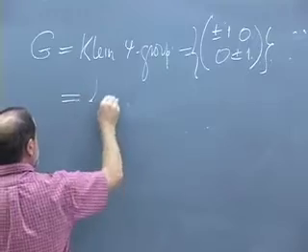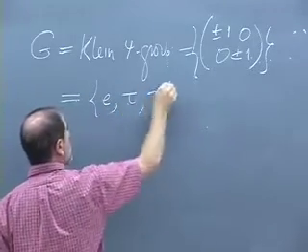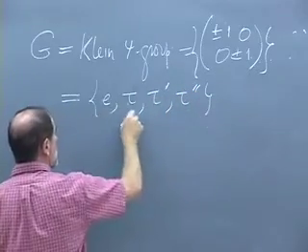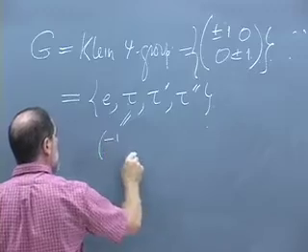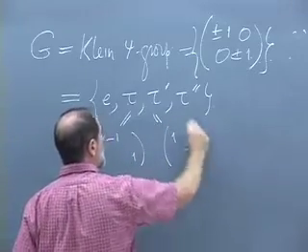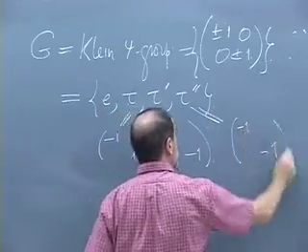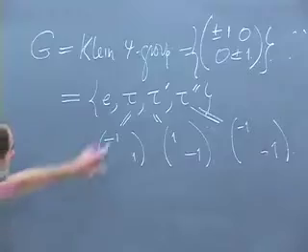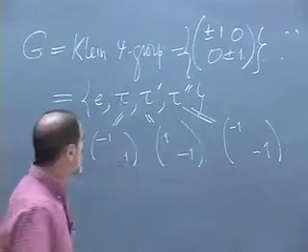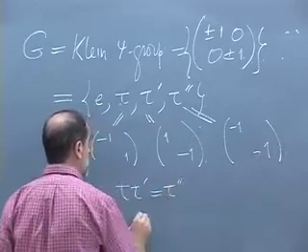There's the identity element, and then there are 3 different things of order 2. So this could be the matrix minus 1, 1, this could be the matrix 1, minus 1, and this could be the matrix minus 1, minus 1. They have the property that if you take the product of any 2, you get the third. You have to check that, but that's not so hard. So for example, tau tau prime is tau double prime, etc.